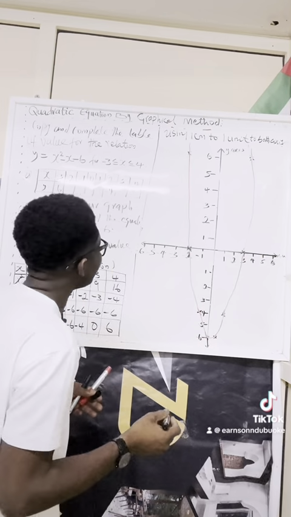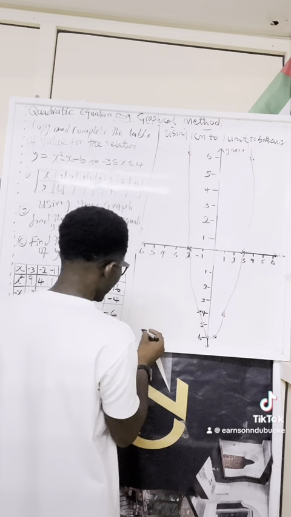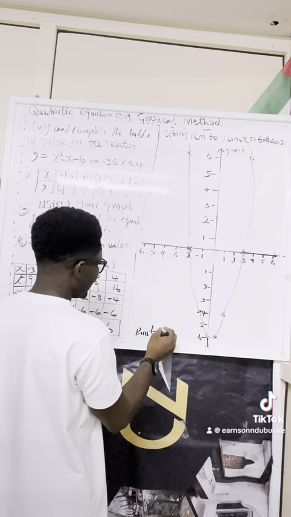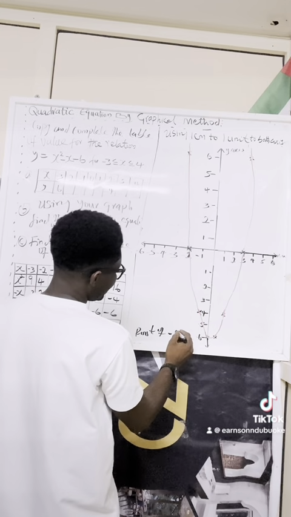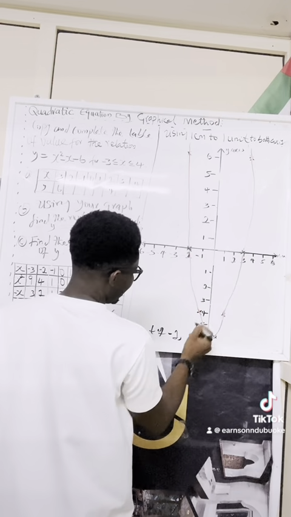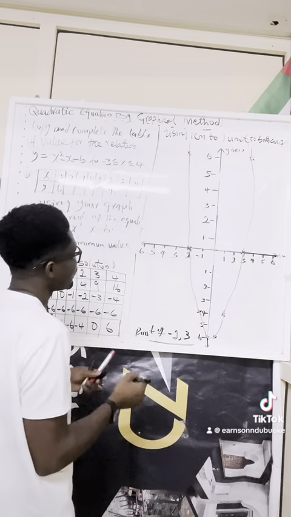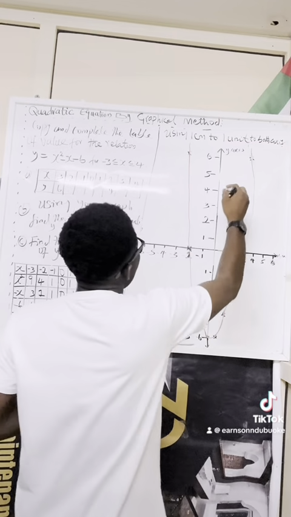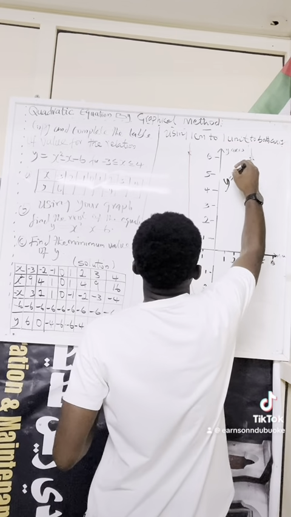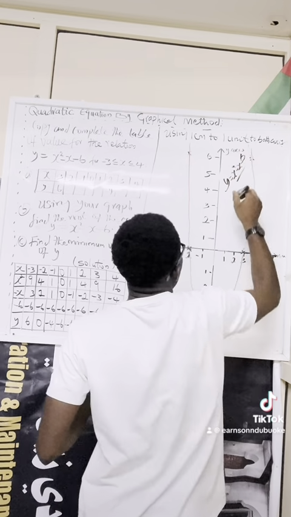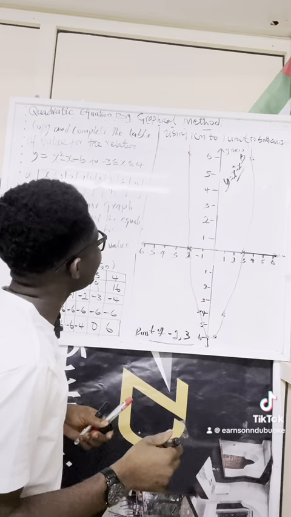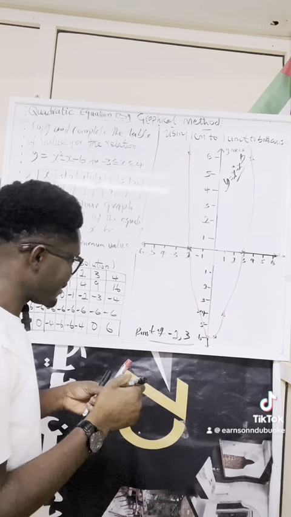That is to say, the roots of the equation are minus 2 and positive 3. These are the roots of the equation y equals x squared minus x minus 6. This is the graph of y equals x squared minus x minus 6.